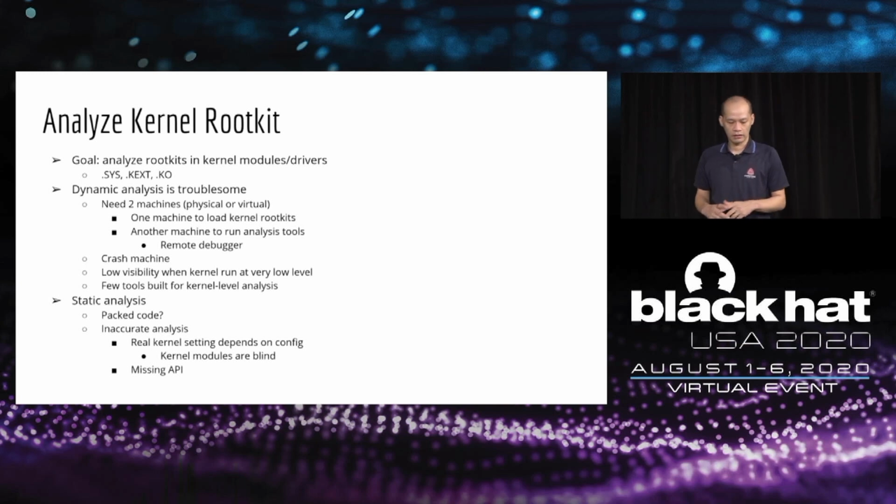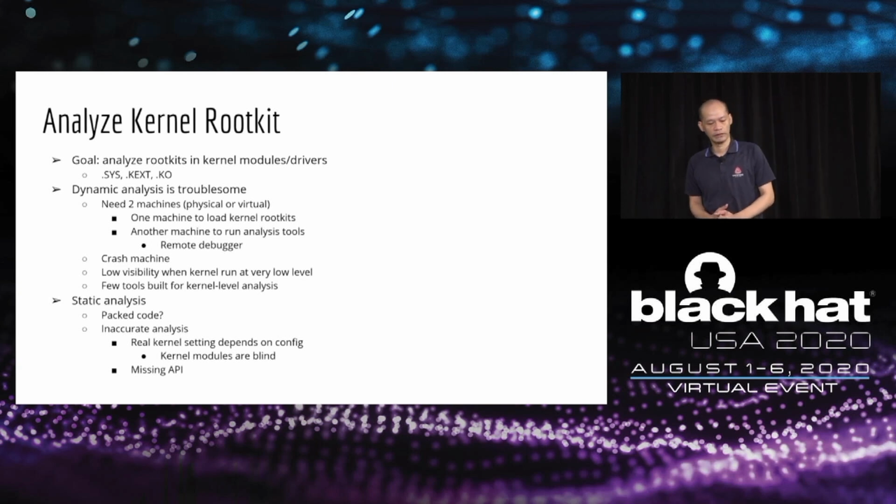And actually, kernel rootkit functions depend on the kernel settings, and most of the time, kernel drivers do not have the settings. So static analysis tools cannot decode and recognize the kernel rootkit very well. And in fact, we tried many static analysis tools on kernel rootkits, and most of them have many issues with missing APIs, wrongly recognizing the kernel structures, and so on.